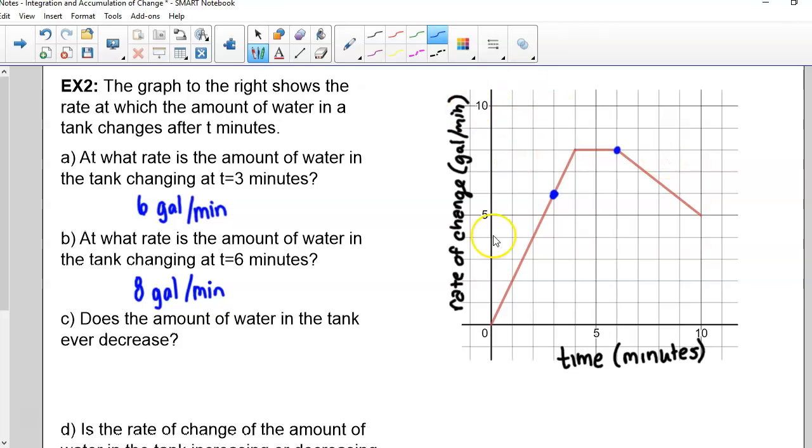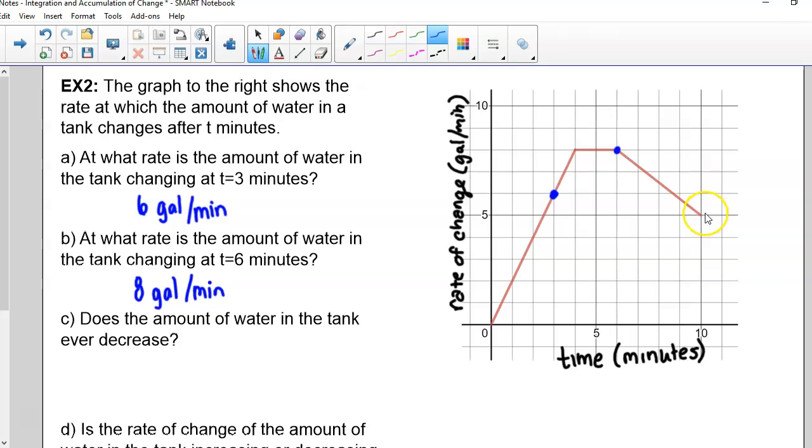Okay, this is the derivative. This is the rate of change of the amount of water in the tank. So at 1 minute, we're increasing it 2 gallons per minute, and then 4 gallons per minute, and then 6 gallons, and then 8 gallons. Even here, whenever it looks like nothing's happening, your amount of water is still increasing at 8 gallons per minute. And then right here, it looks like it's going down.